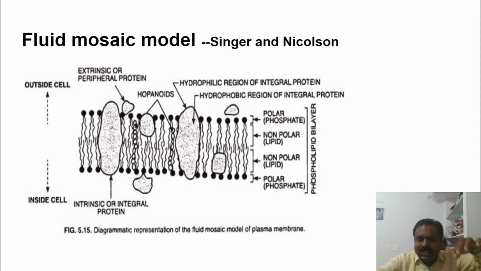For example, this is the head region and this is the tail region. This tail region may rotate on its axis like this. So all the molecules are not in a static condition. Protein molecules can move from one place to another in that semi-fluid lipid zone, and the lipid molecules may exchange from one row to another row, and also the tail region can rotate on its axis without changing its position.